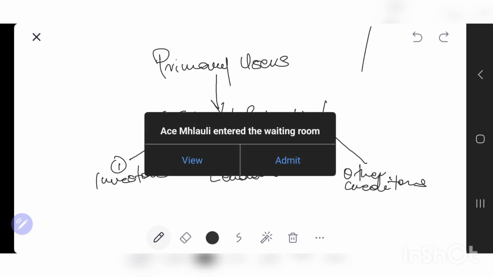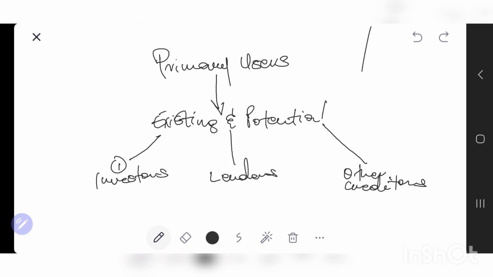So why are these people specifically the primary users of your financial information? Because they have provided funds to the business. Remember, a business needs assets to be able to operate.